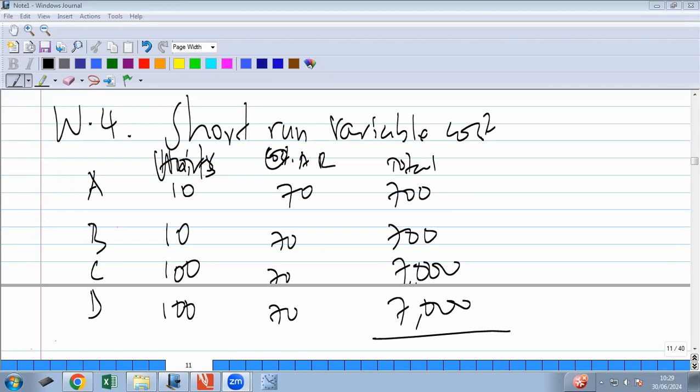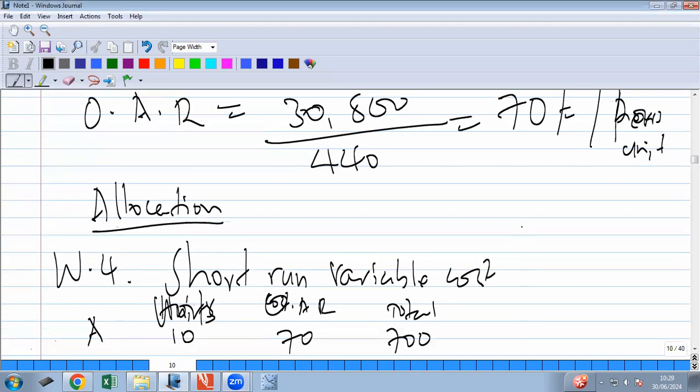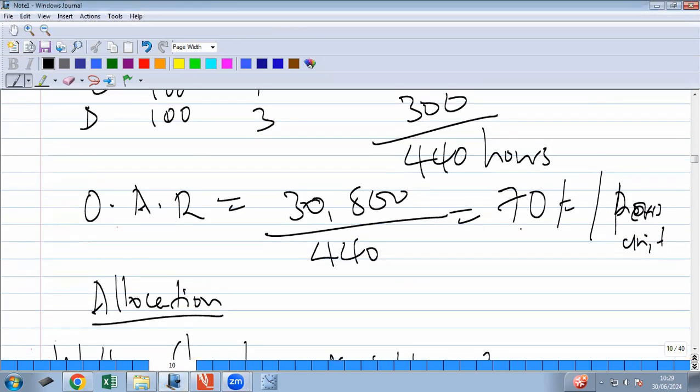Okay, let's take it from this angle here. This is a total cost. We don't know what it's relating to, right? And this is hours. So when we divide this, we are going to remain with hours. That means this is going to be shillings per hour.